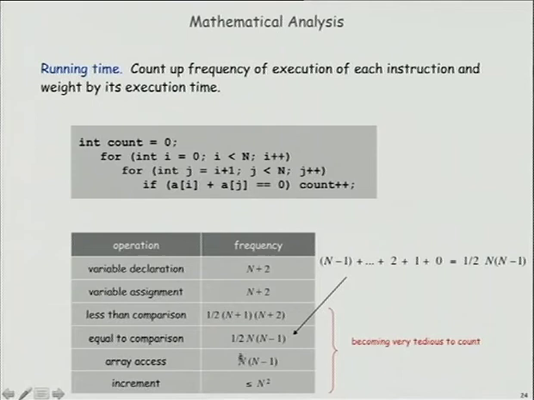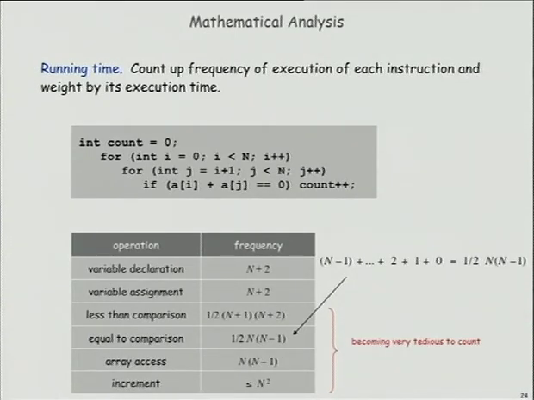Otherwise, you could assume this to be true and prove it by mathematical induction, which I hope they teach you in mathematics. You can prove that this is the right number of array accesses, equal to comparisons or less than comparisons for this case. At some point later this semester, I will also do a couple of proofs and show them to you. For the moment, if you can't see how to do this, just believe that if we count this, it will actually be that number.